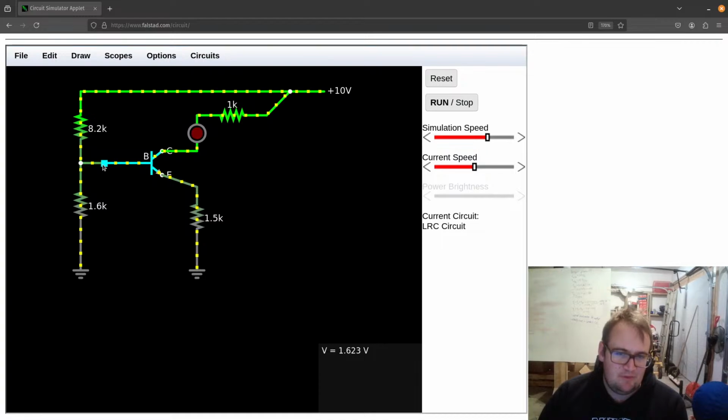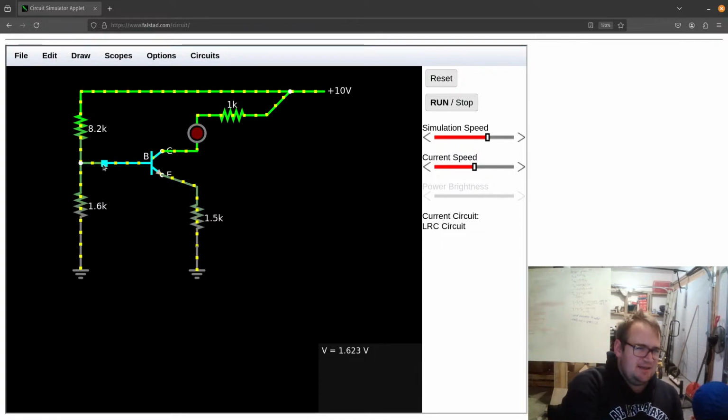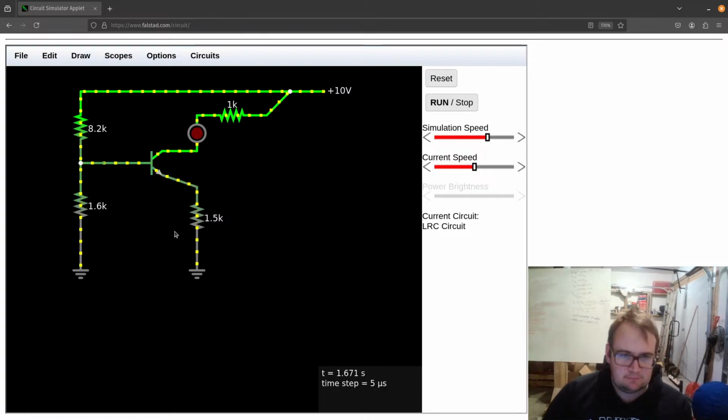And here 1.623. I think I said 1.8. Then down here we have just 1 volt. Yeah, so that is about what I had thought. Guess we might as well move on to the next.